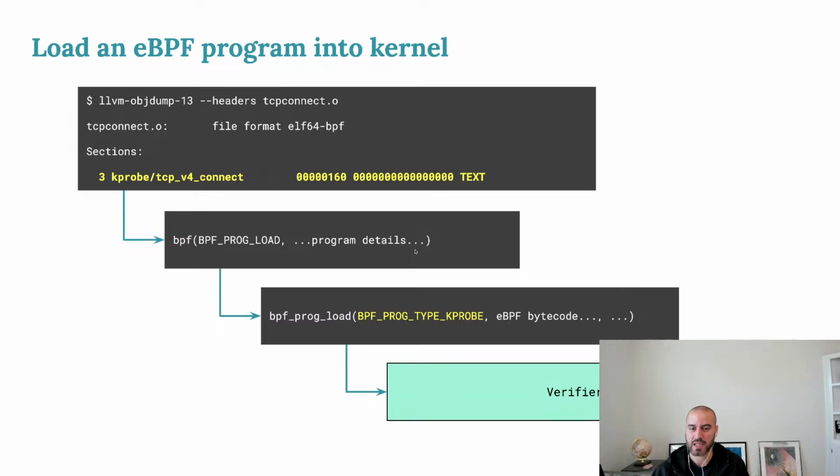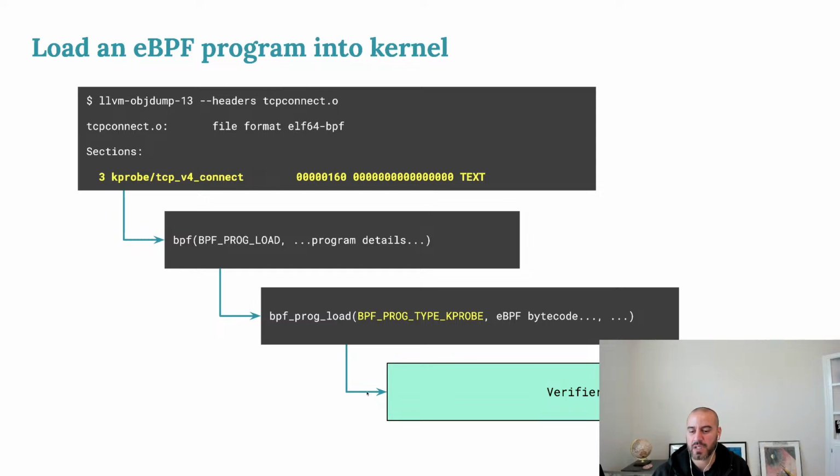In this case, the program type is BPF_PROG_TYPE_KPROBE. So you're saying that you know this is a kprobe because of the section name, and here is the bytecode, which is in the ELF file at this section. You need to load that into the kernel, and that's what the syscall accomplishes.